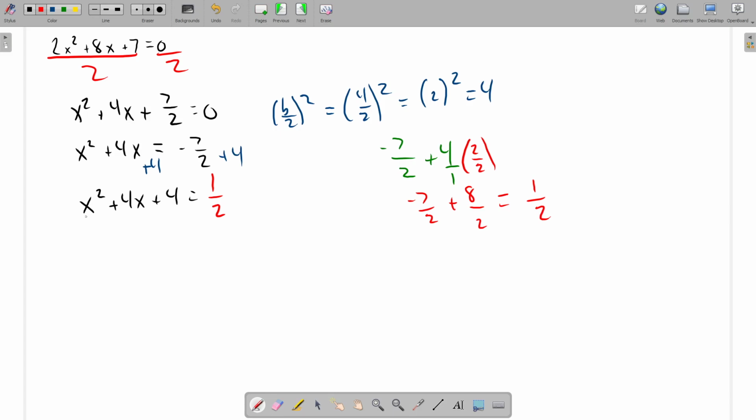The left side we know is a perfect square trinomial. So I just need to identify what is my a and my b. So this first term here, x squared, is my a squared. So if x squared is a squared, a must be x. And if 4 is my b squared, then b must be 2.